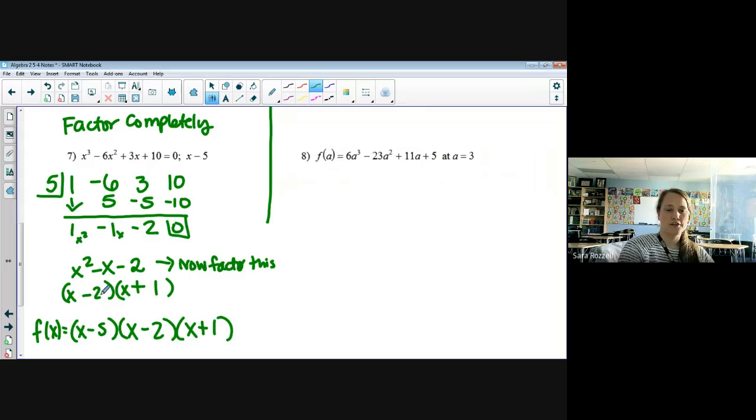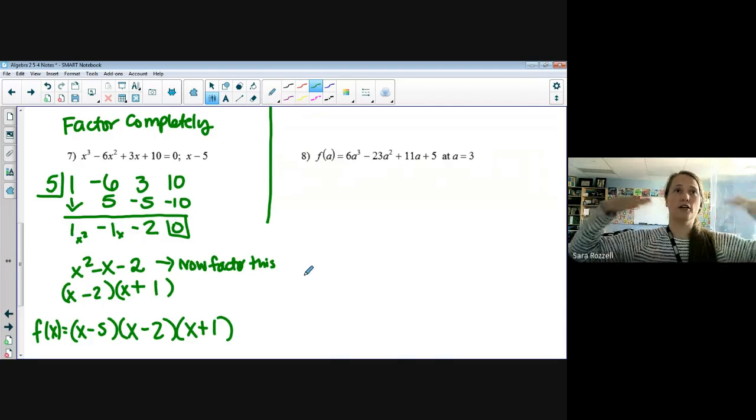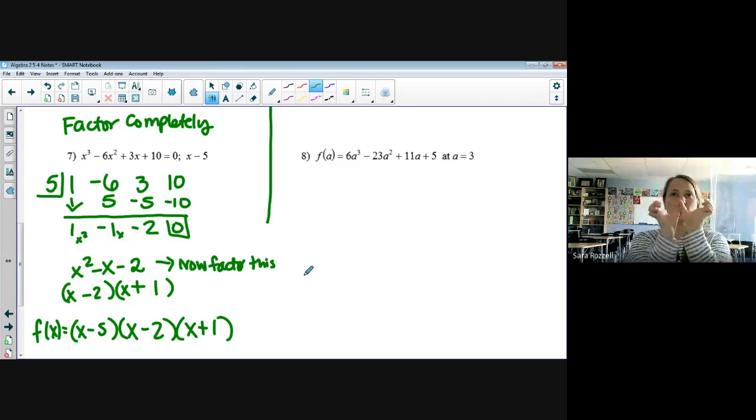And these are our other 2 factors. So if they ask you to factor it completely and they give you 1, divide that. Whatever's left over, you'll then factor. So the only thing additional from our other synthetic division problems was you just factored at the end whatever you got. That doable? Once you get your quadratic factor?